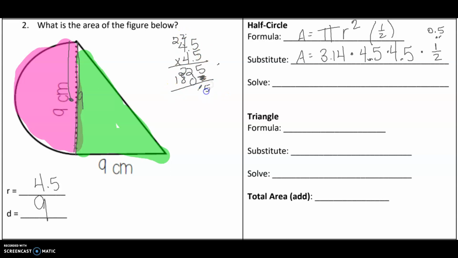Add them together. 5, 2, 0, 2. So 4.5 squared is 20.25. Right there. 20.25. Then we can do times 3.14.